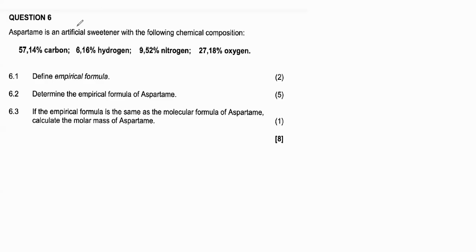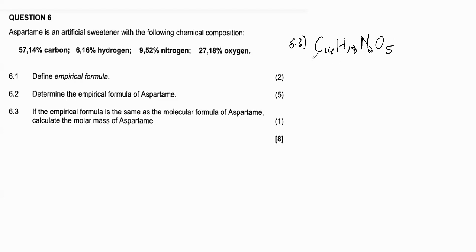Okay, so we have 6.3. It says if the empirical formula is the same as the molecular formula of aspartame, calculate the molar mass of aspartame. So you will remember that 6.2, which has the empirical formula, which now they're saying is the same as the molecular formula. So we had C14H18N2O5, right?